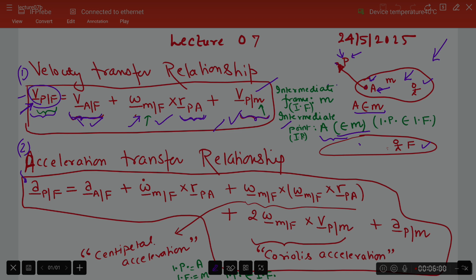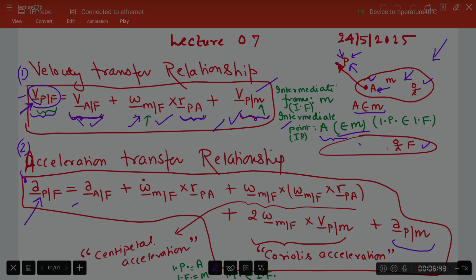The primary quantity of interest as far as the acceleration transfer relationship is concerned is APF, the acceleration of the particle with respect to frame F. On the right hand side of this relationship, we have five terms. If I start from the rightmost term, I have the information about the acceleration of the same particle P with respect to M.